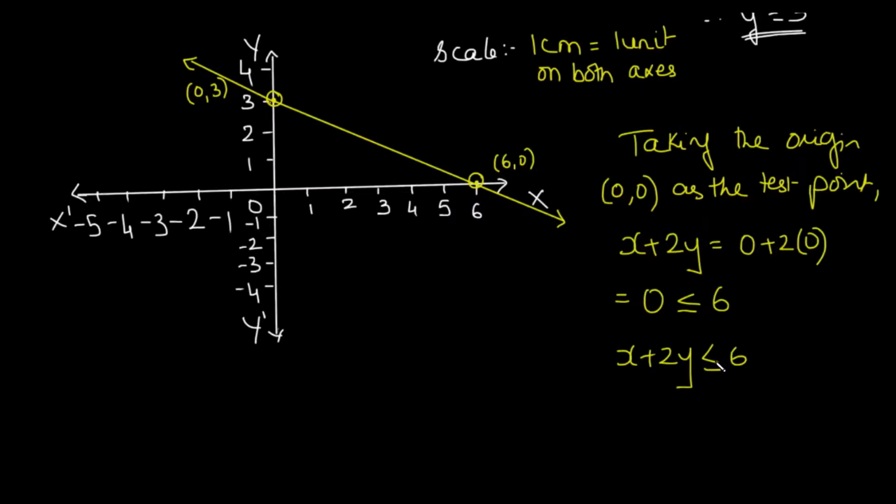And that means our solution lies on the origin side of the line. Remember the line divides the plane into two half planes. The half plane containing the origin is known as the origin side. The other side is known as the non-origin side. So our solution in this case lies on the origin side, as we have found out over here.